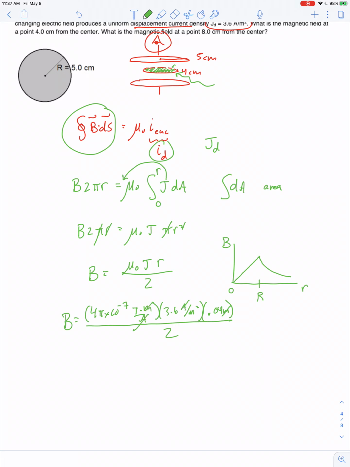These meters get squared and cancel with those square meters, and we're just left with Teslas. That's perfect. So we get 9 times 10 to the negative 8th Teslas.